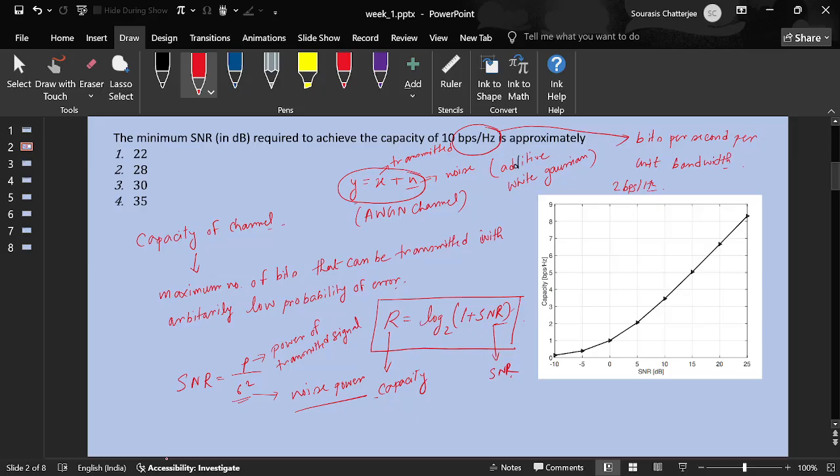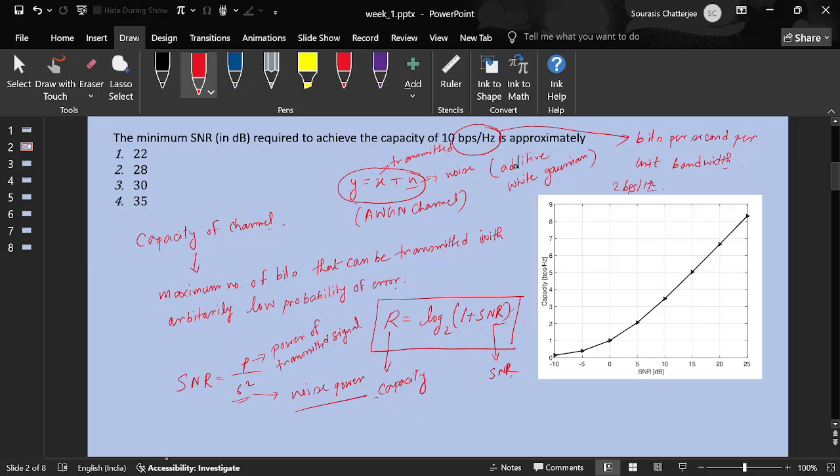You can either increase the power of the transmitted symbol or decrease the noise power, but the noise power in practical systems is always kind of constant. So it's all about the power of the transmitted signal.